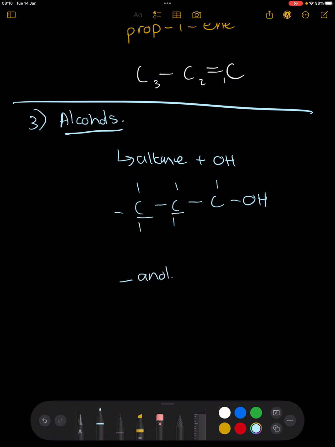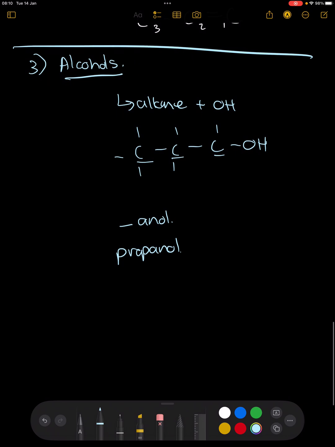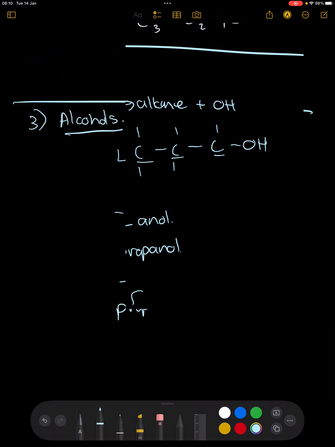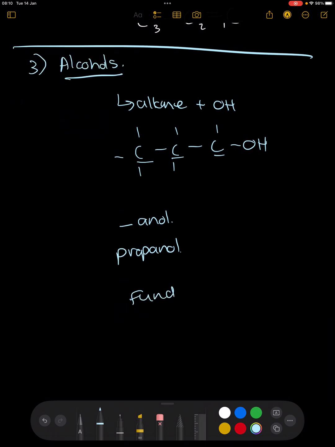So this is 1, 2, 3, so it would be propanol. Right, very basic. The functional group for an alcohol is always going to be a hydroxyl group.